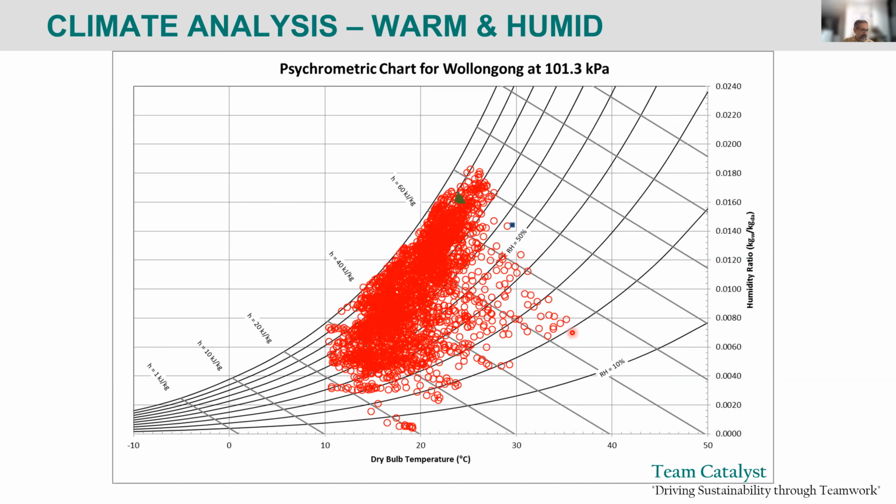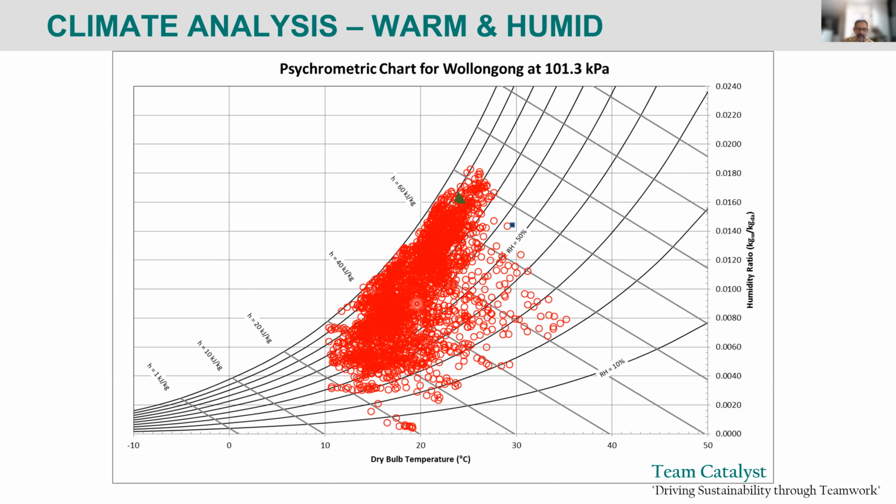Not too much, because there's temperature on the x-axis, there's humidity on the y-axis. But boy, is Wollongong humid. Typically, in an air-conditioned space, an air conditioning engineer is aiming for somewhere around 8 to 10 grams of moisture. So you're looking at somewhere around 24 degrees centigrade to about 20 degrees centigrade.